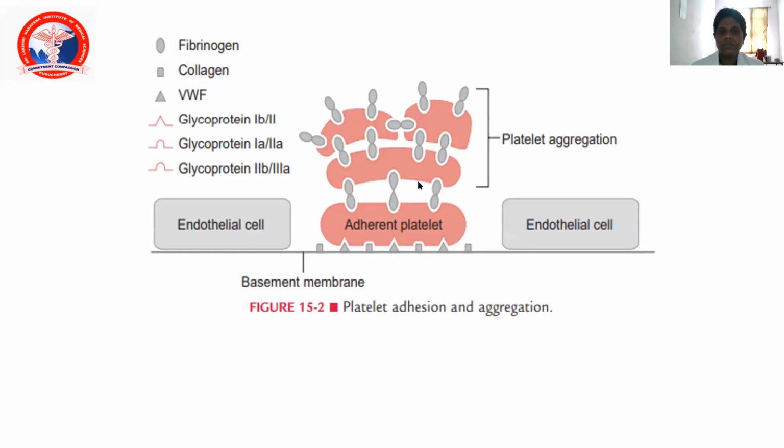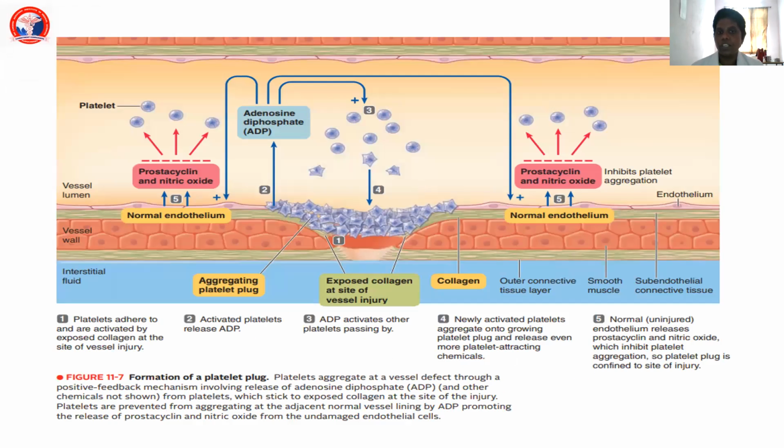Okay, and then once it is attached to the collagen, collagen is going to activate the platelet. In this activated platelet, the cytoskeletal elements get reorganized to form spiky projections at its outer edge.